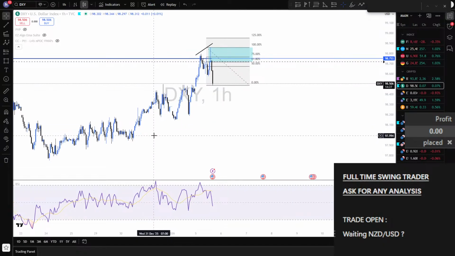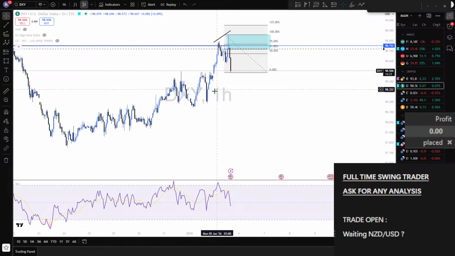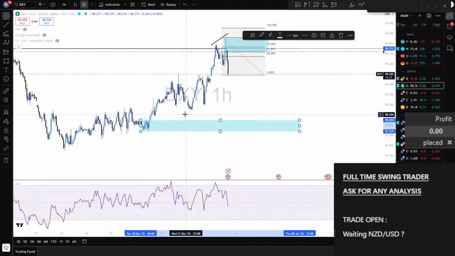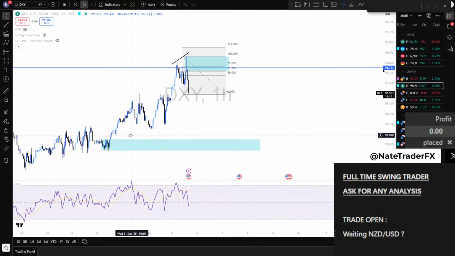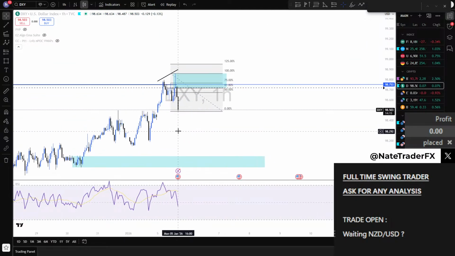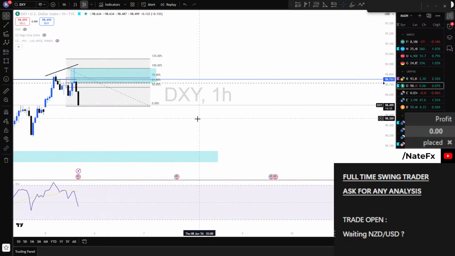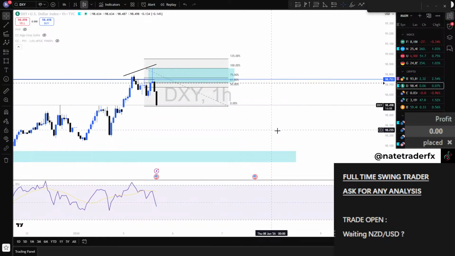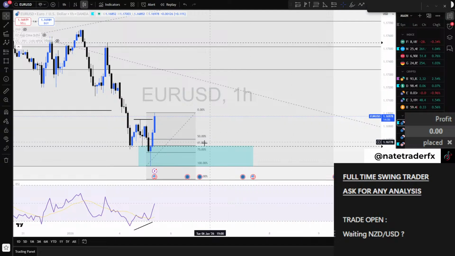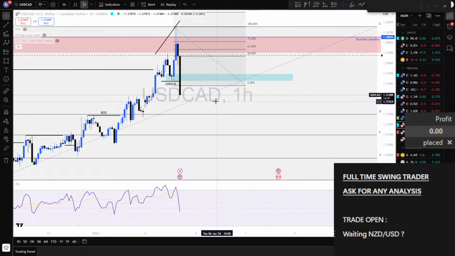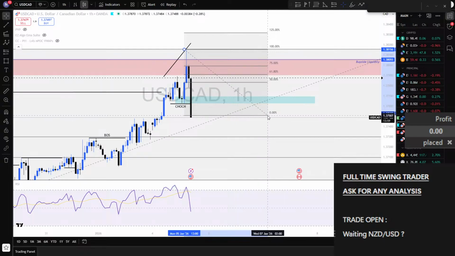So if the XY corrects, in this leg you just have this unfilled order block in 1 hour. The rest is filled. We'll see once he gives the pullback, if he gives one. Same on Euro USD, and basically the same on USD CAD.